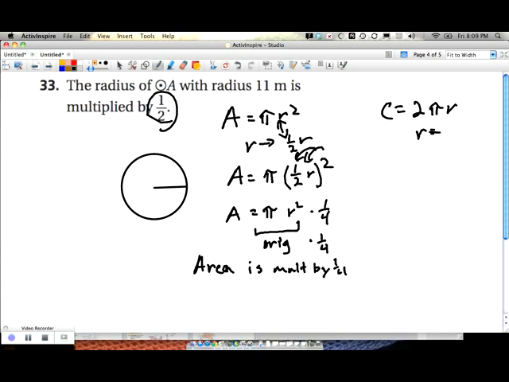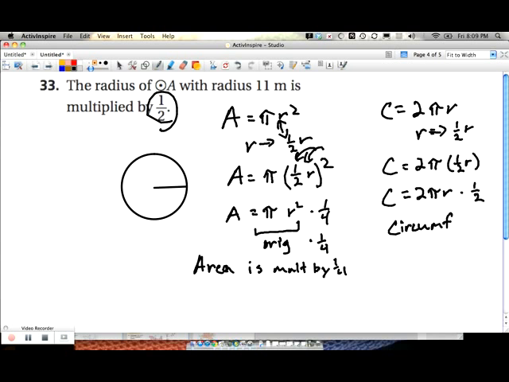So now my new circumference is going to be 2 pi times 1/2 r. Well, if I regroup that again, I still get 2 pi r, but this time times a 1/2. So how does that affect the circumference? Well, it's just the circumference is multiplied by 1/2. That's the change there.